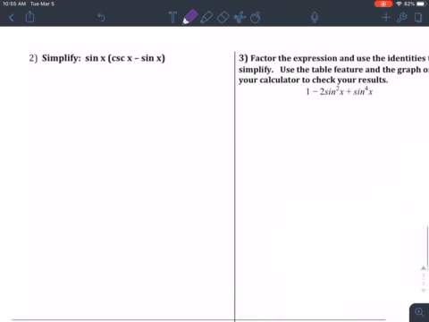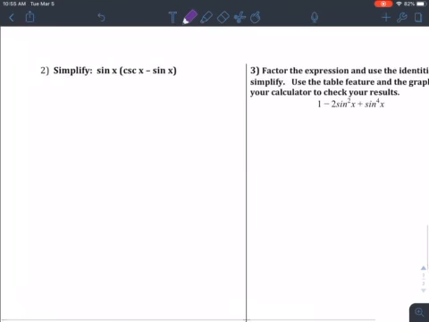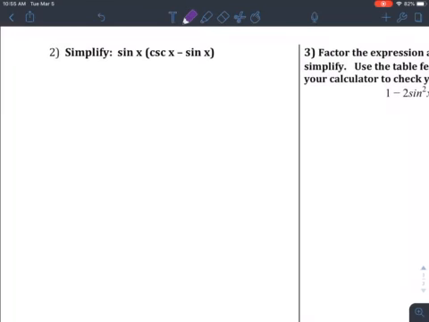Next, we're going to simplify the sine of x times cosecant x minus sine x. Sometimes, when we're dealing with trig identities, we just have to think about this like a normal equation.